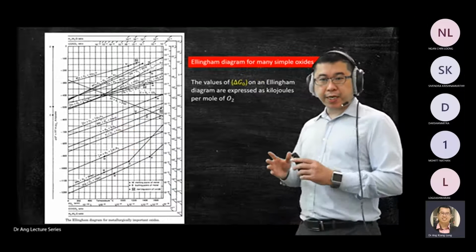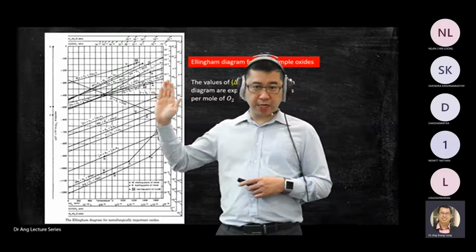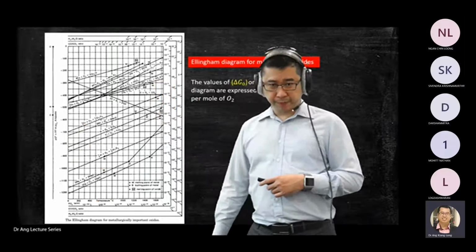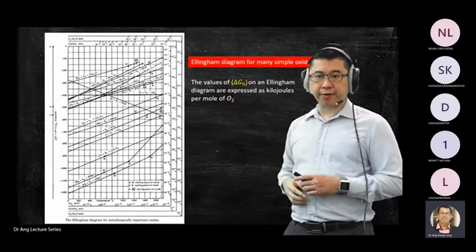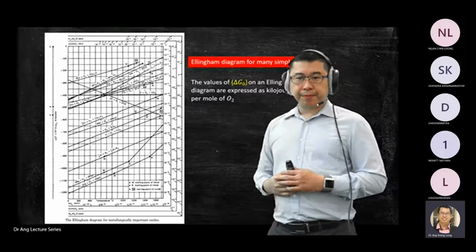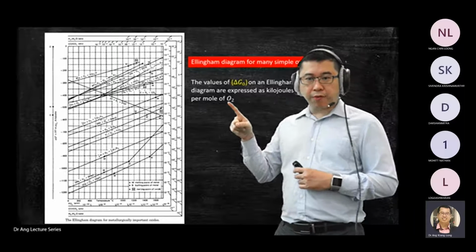So in the Ellingham diagram, what is important for this class is that you know what happens on the y-axis. The y-axis is a delta G naught diagram. The unit is kilojoule per mole of oxygen.